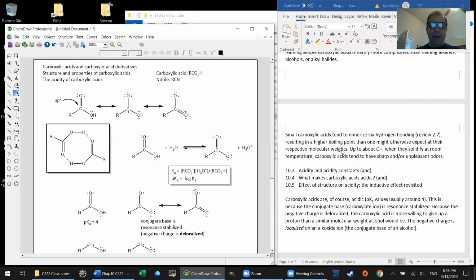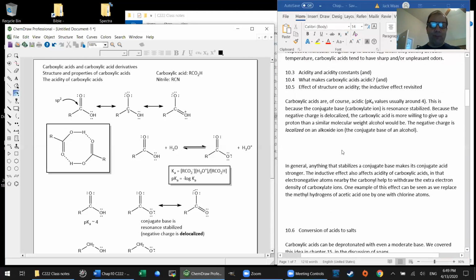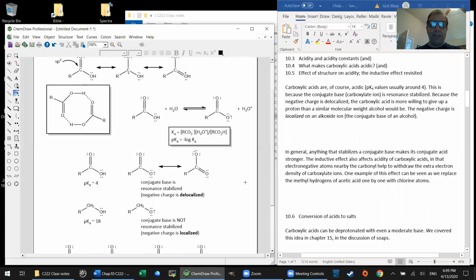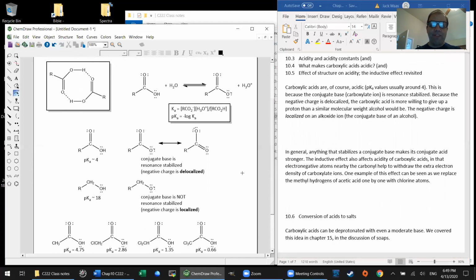What else can we say about carboxylic acids? Well, to no one's surprise, carboxylic acids are acidic. That might be the least profound thing I've said all week, but it's true. And just a reminder of how this works, one way of looking at acidity is by comparing acid dissociation constants, which is Ka, or more commonly we use pKa.